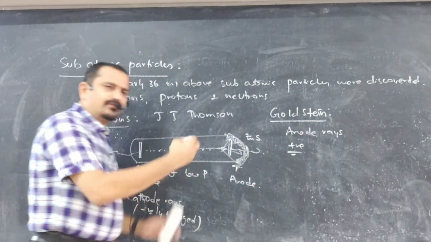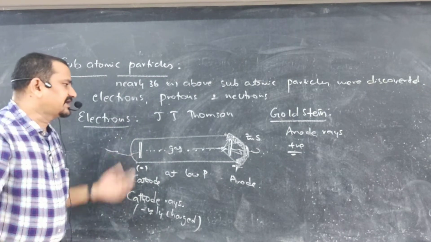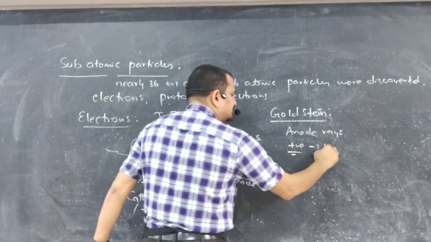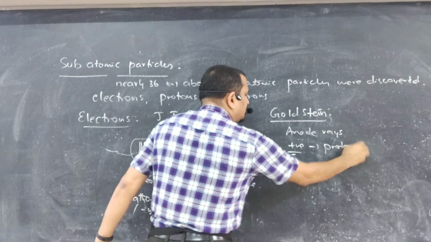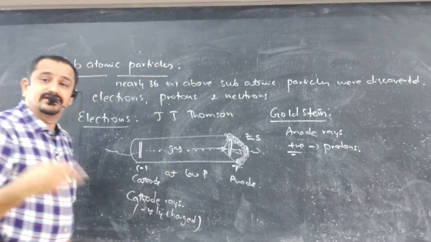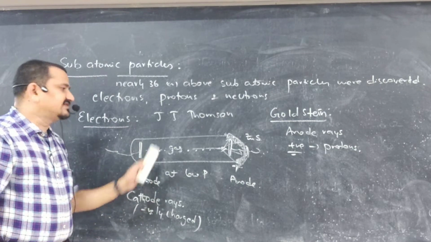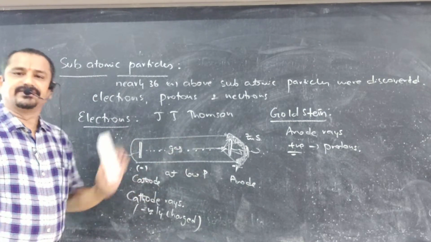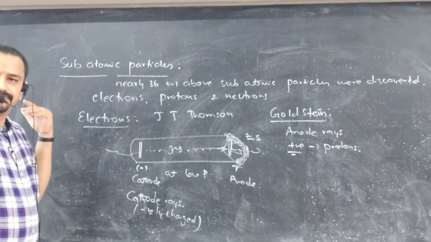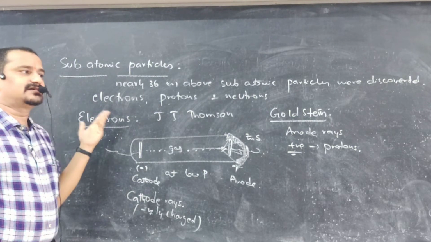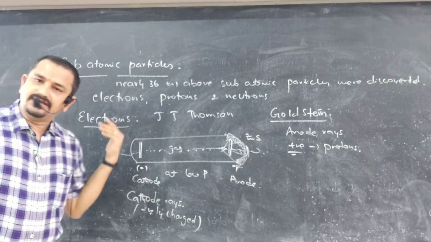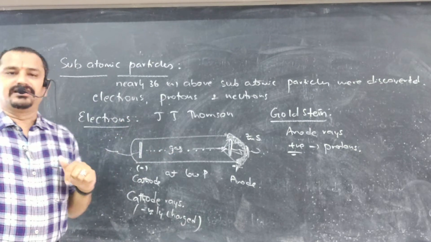In this way, one by one, first electrons, then positive particles, named protons, were discovered. With this discovery of subatomic particles using several discharge tube experiments, the concept of the smallest, indivisible and indestructible particle, which was given by Dalton, was ruled out.